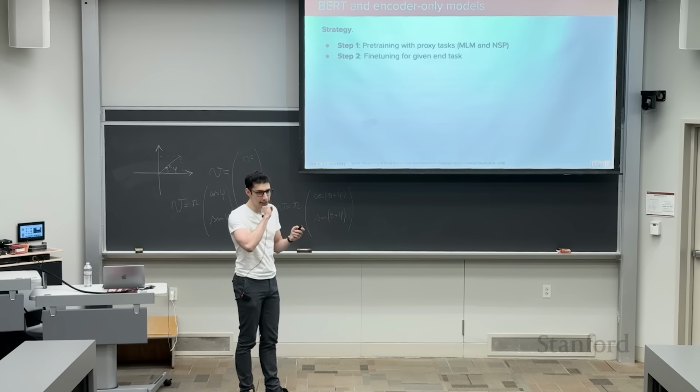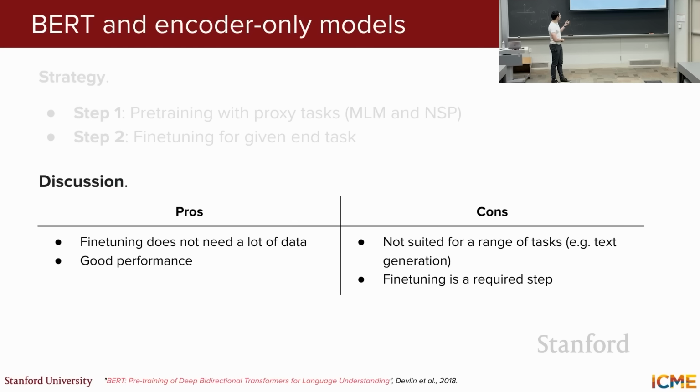Before we see that in detail, I'm going to discuss the pros and cons that this method usually has. On the pros side, this pre-training mechanism can be done on fairly unlabeled data. You still have this next sentence prediction task, but this is something that you control because you know which sentences follow each other, so it's kind of self-supervised. And the masked language model task, we're going to see how it consists, but it's also unsupervised.